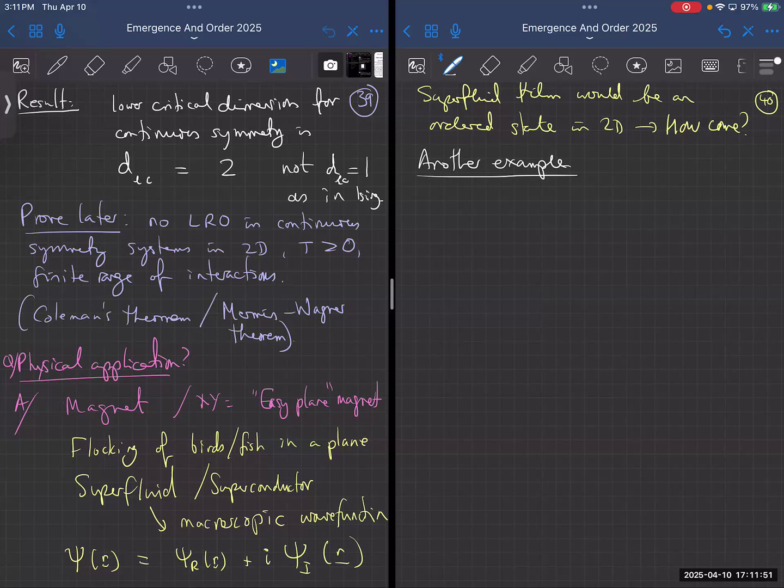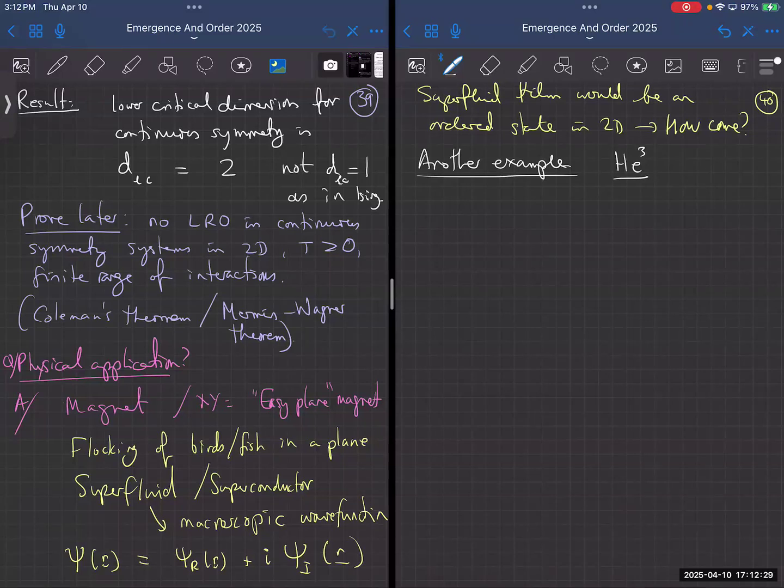The example I'm going to tell you about is helium-3. The classic superfluid is helium-4. Helium-4 becomes a superfluid a little bit above 2 degrees Kelvin, and the helium-4 atoms are bosons, so it is a bosonic superfluid. There's another atom called helium-3. Helium-3 atoms are not bosons; they're fermions. Nevertheless, they can become a superfluid.